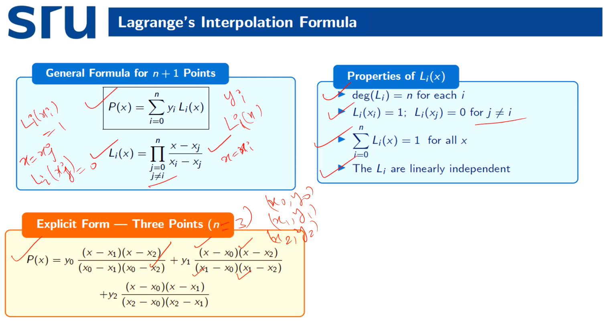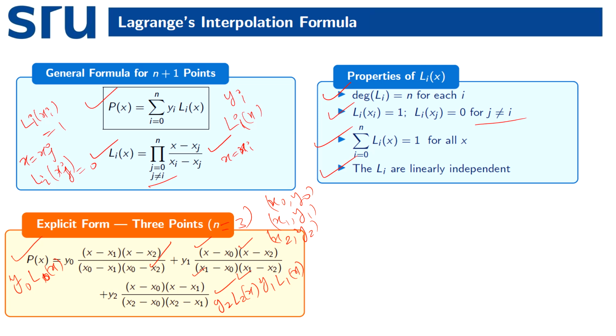Similarly, the third term is there. This is your first term, I am writing y0 L0(x). The second term will be y1 L1(x). Third term will be y2 L2(x).